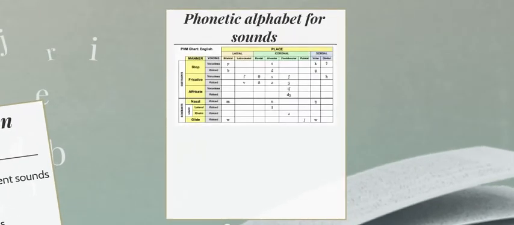This is a phonetic alphabet chart, and we find the correct spelling of sounds on it. On this chart, we find the consonants only. The phonetic alphabet is an international symbol system which has only one symbol for each human speech sound.